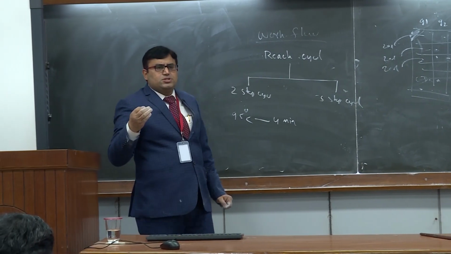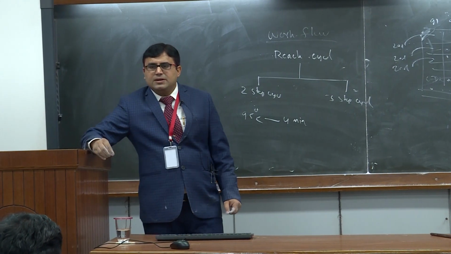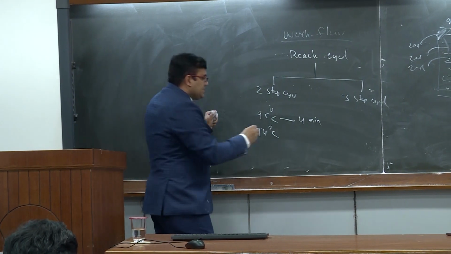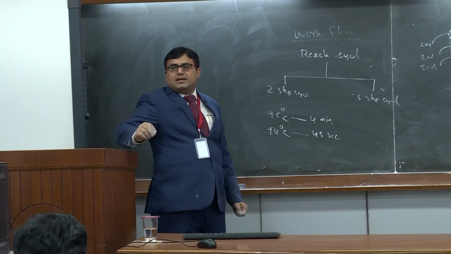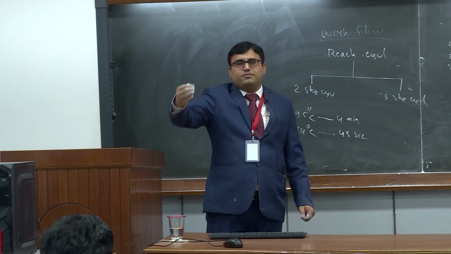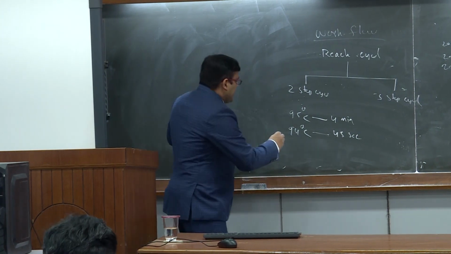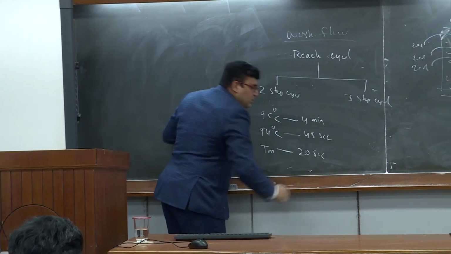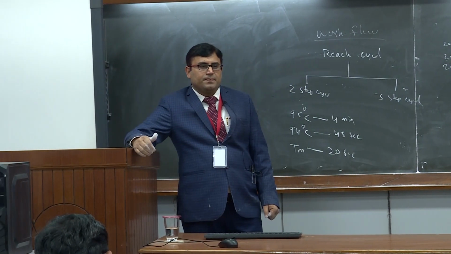Some labs prefer to use 3 to 4 minutes. Then you have 94 degrees Celsius for 45 seconds, so 30 to 45 seconds. Then you have the Tm step for 20 seconds; the range is 20 to 30 seconds.